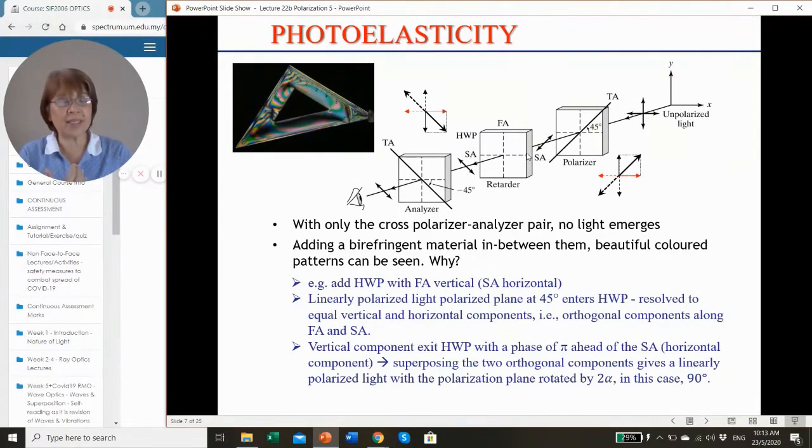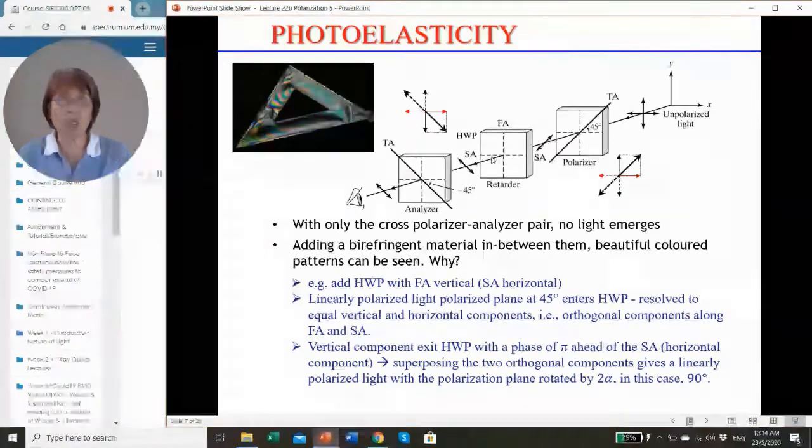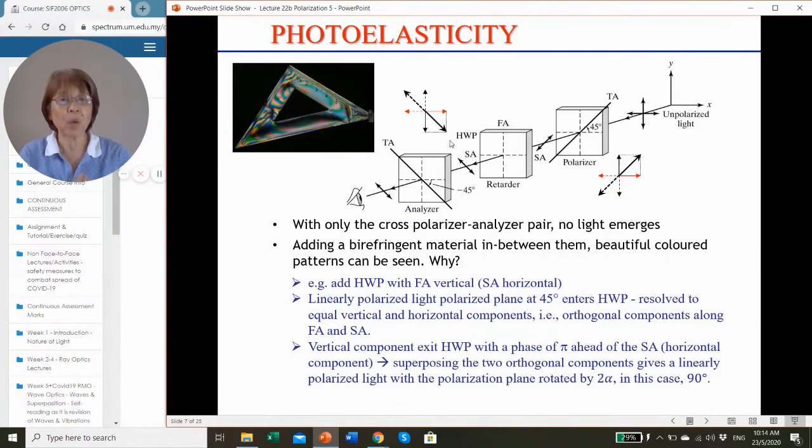But when this light emerges from the retarder, the fast axis component would have a phase of pi ahead of the slow axis component. So when you superimpose the two of them, what you get is linearly polarized light as well.